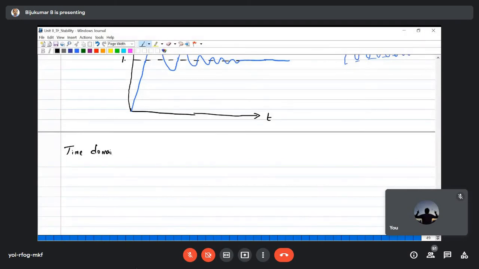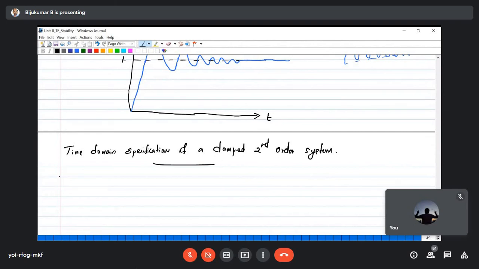Time domain specifications of damped second order system. The first one is rise time, denoted as tr.